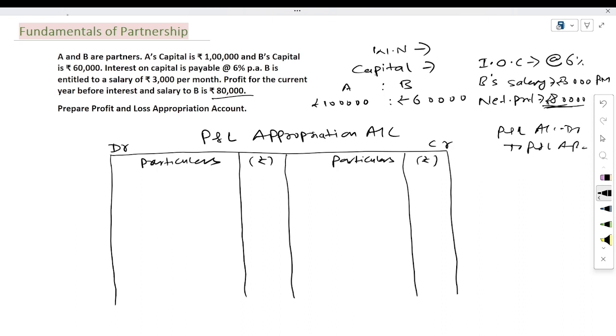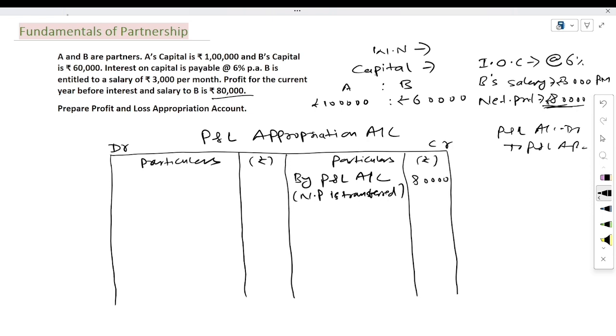This entry we will use here for transferring the net profit into the profit and loss appropriation account. Here we are preparing the ledger of profit and loss appropriation account, so this profit will be transferred to the credit side by profit and loss account. We will write here net profit is transferred, amount 80,000.